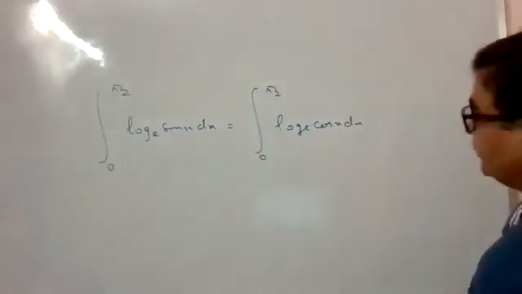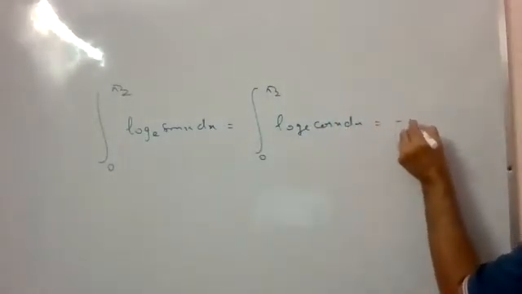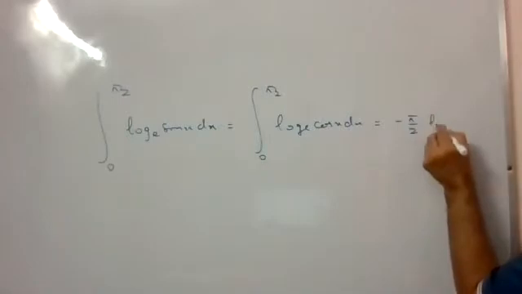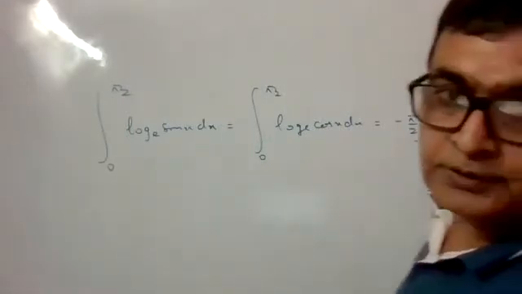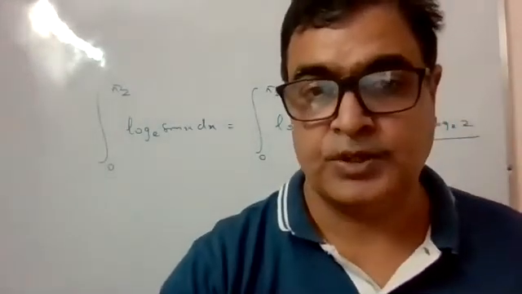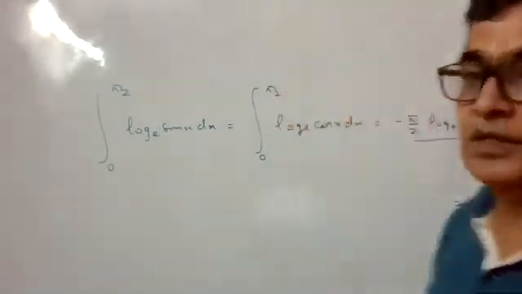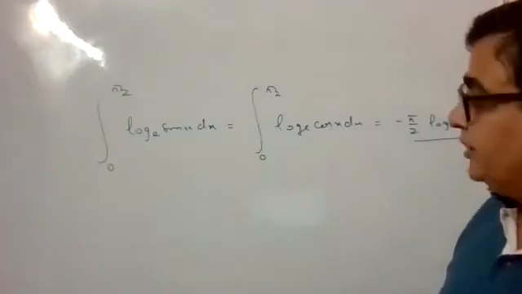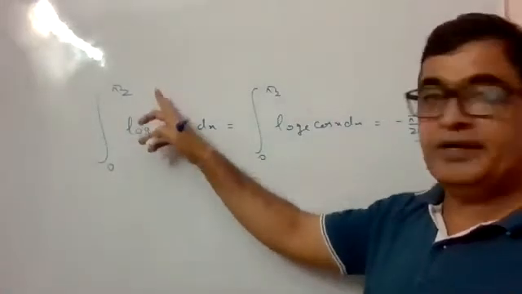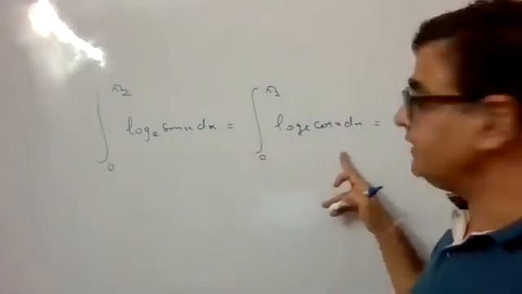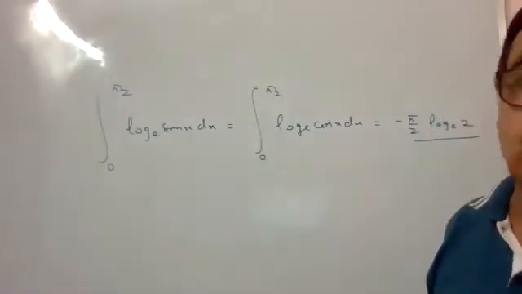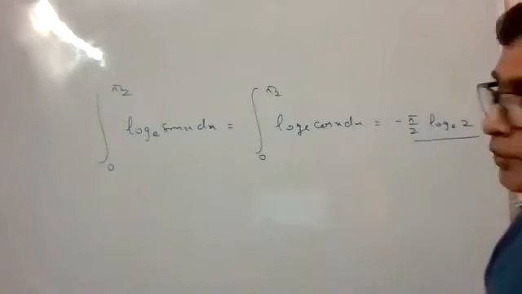This is one and the same thing, and here it should come out to be minus pi by 2 log 2. So the question is to prove that the integral 0 to pi by 2 of log sin x is equal to the integral 0 to pi by 2 of log cos x, which is equal to minus pi by 2 log 2.